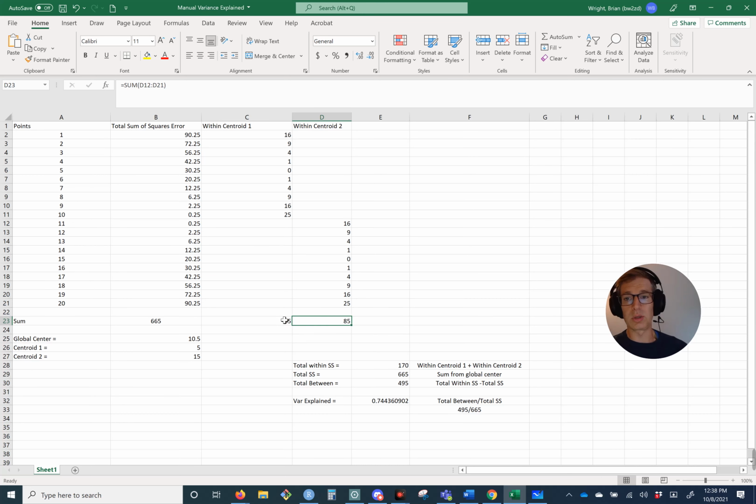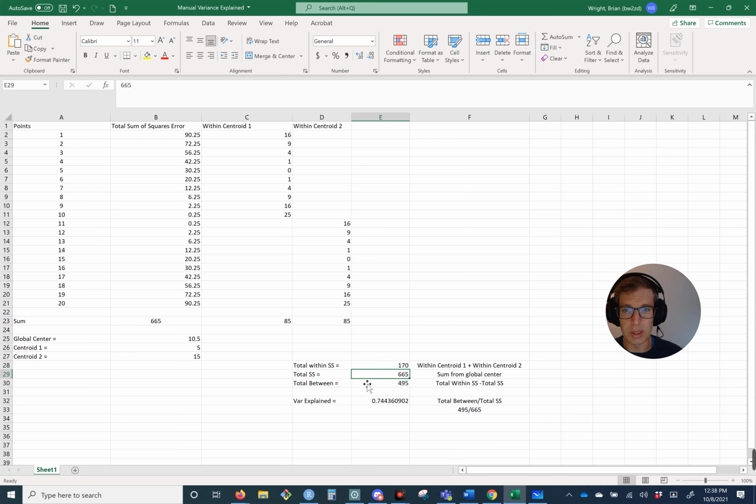So we're going to see these are the sum of squared error, right, of both of the centroids. So this is within centroid 1 and within centroid 2. They're the same. If we add those together, right, we sum these together, it's 170. That's right here, right? So that's our total within sum of squares, right?